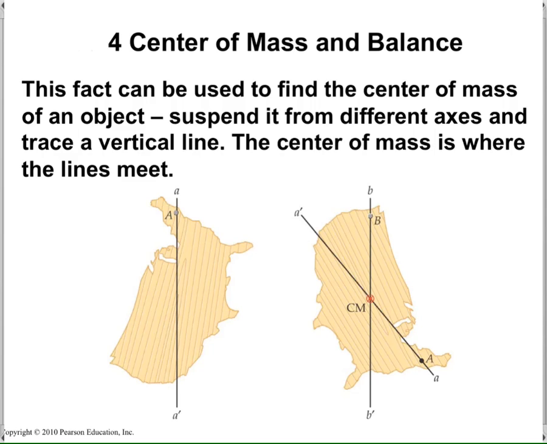When you hang it from a point, you just draw a vertical line on the object, and hang the object at any other point you might choose. Any point is acceptable. Let's call this point B. Again, when you hang it, just draw a perpendicular line. The intersection of these two lines is the center of mass of this object.